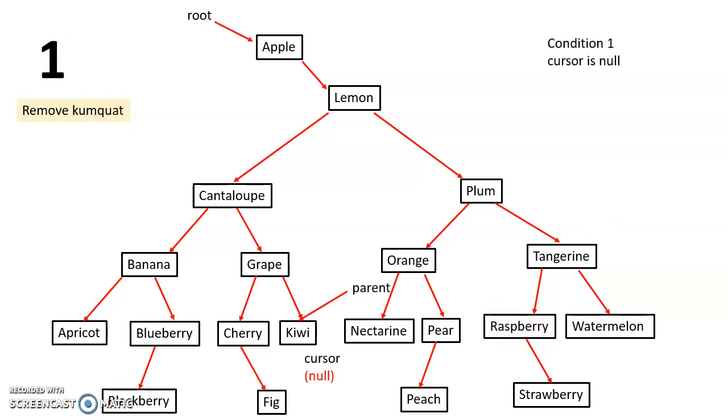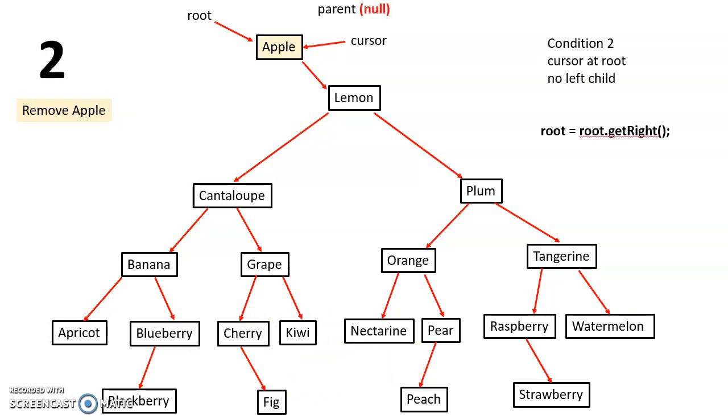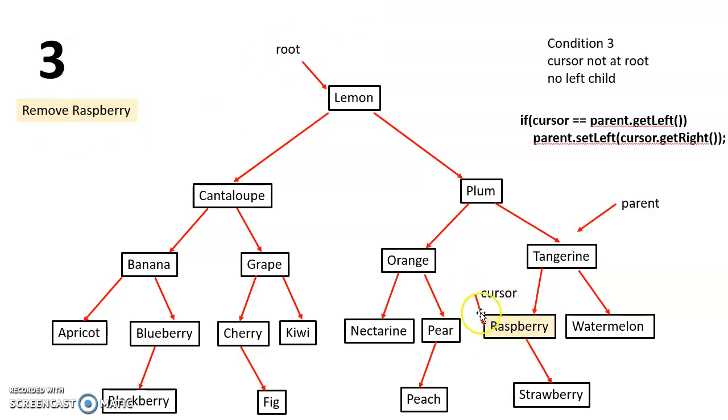Just jumping back again. In this scenario, cursor became null. We couldn't find kumquat. In this scenario, we found apple. It's up here at the root. In this scenario, we're trying to remove raspberry, and so cursor is here pointing to raspberry.